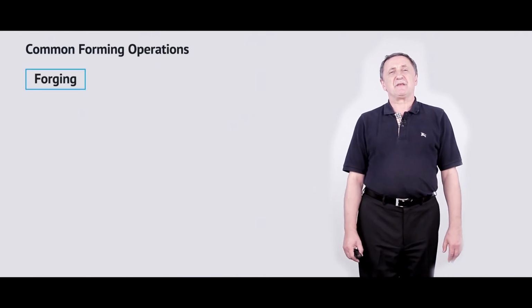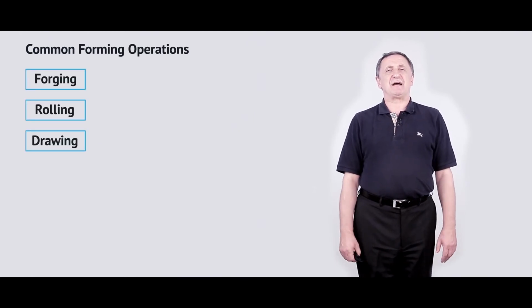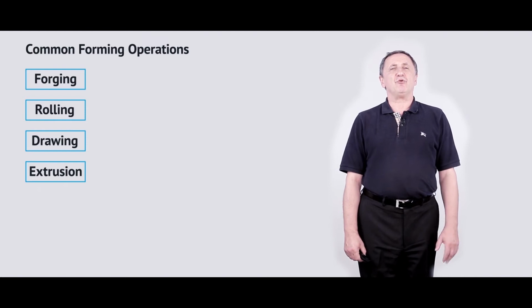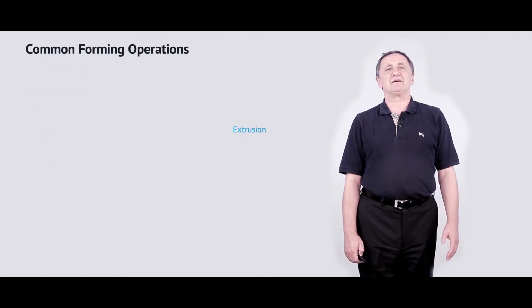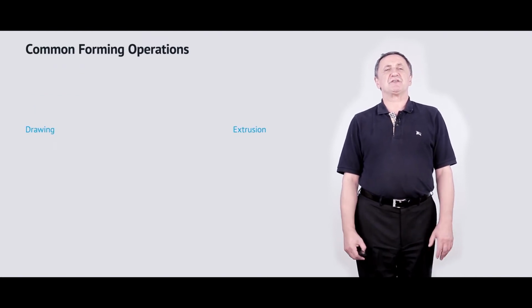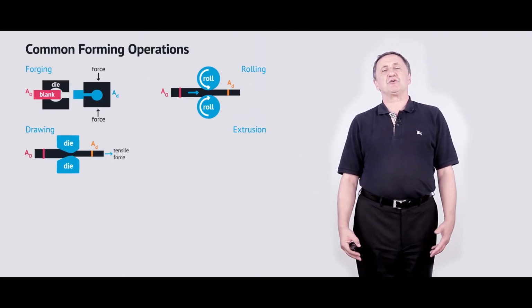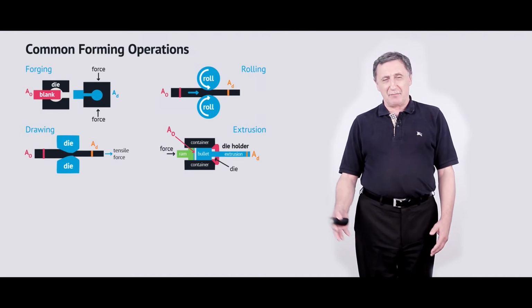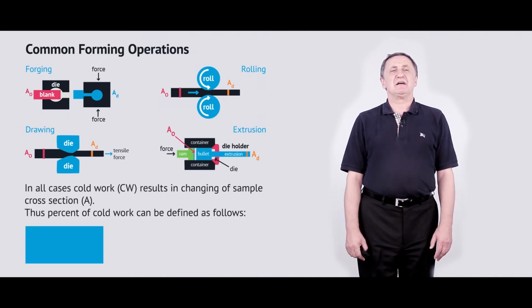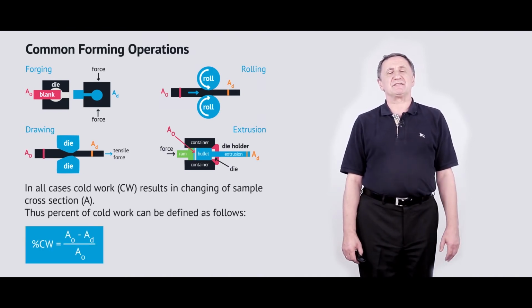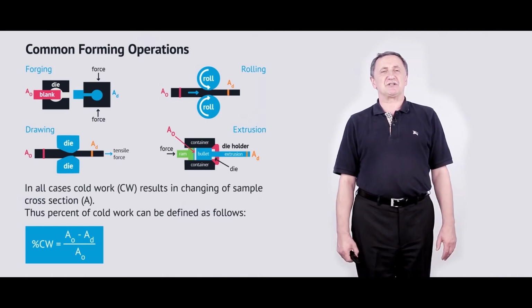On this screen, you can see different types of operations, including forging, rolling, drawing, and extrusion, which lead to cold work and result in a change of the sample cross-section, and on the microstructure level, as I mentioned, result in a decrease of grain size and an increase of dislocation density.